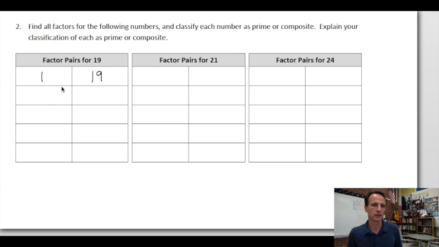Anything else? You going through the numbers with me in your head? Yeah, that's it.